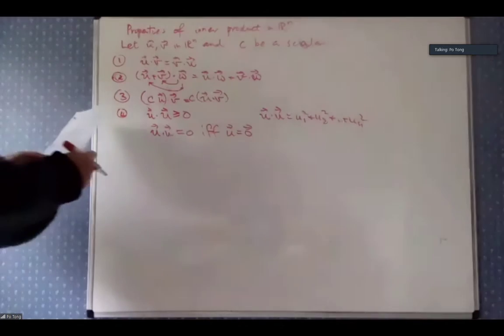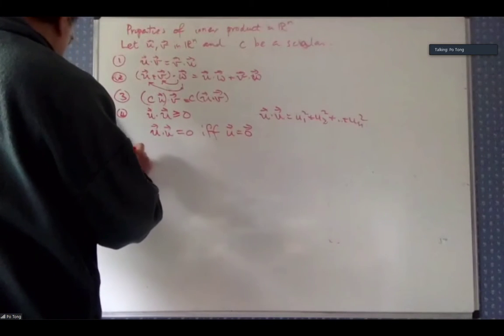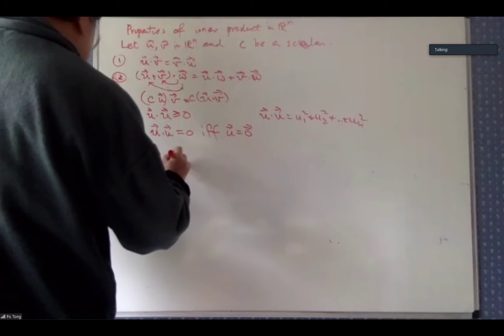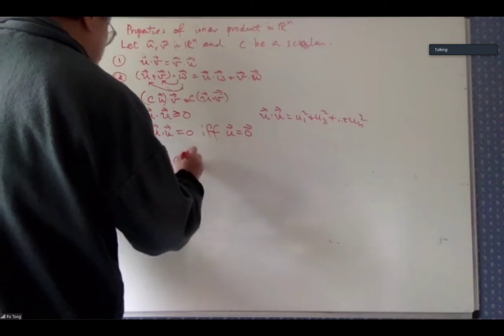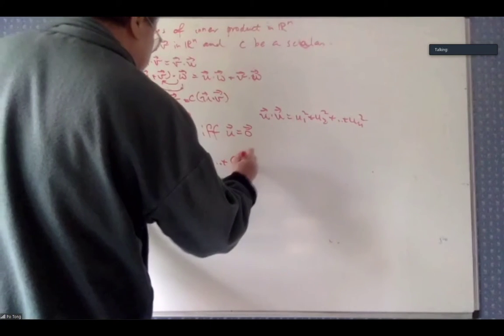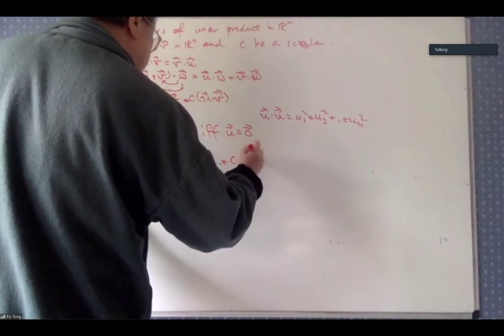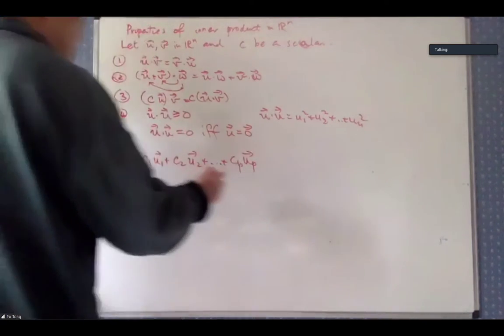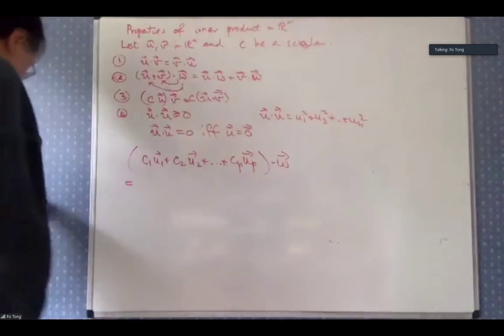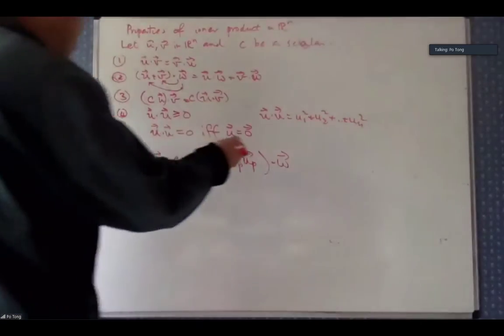What it also says is that if I have a bunch of vectors, if this combination dot w, you can actually distribute all of them.